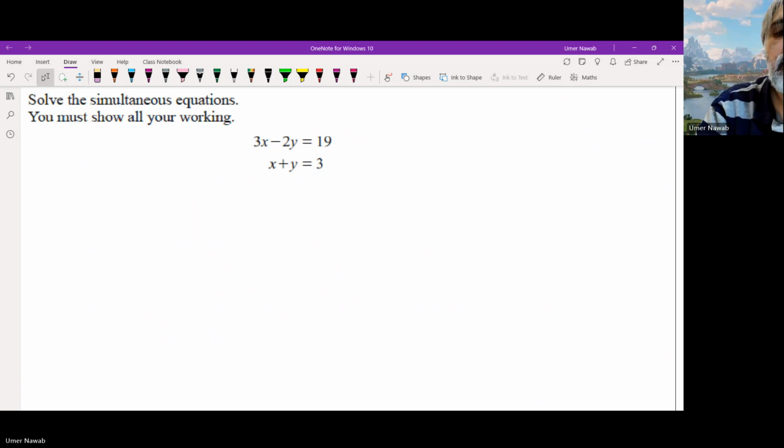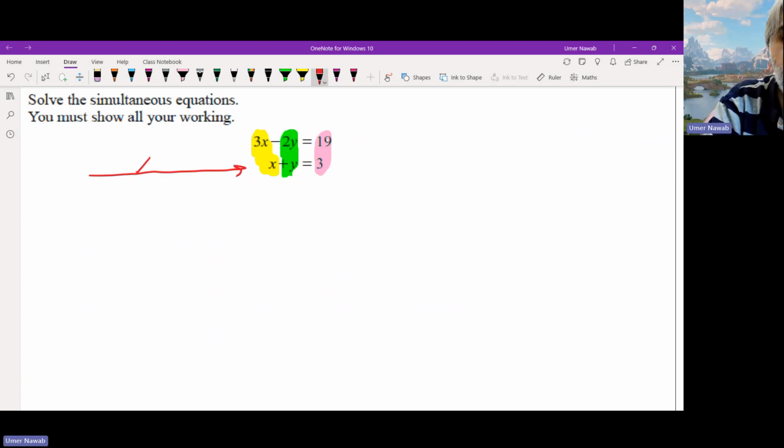Now, first check the standard form: x under x, y under y, constants under constants. Now, I want to cancel x or y. So I decided to multiply the second equation with 2.